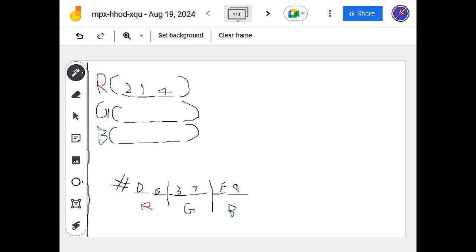Not 3 10s, 3 16s. Which is 48. Plus 7 is 55.